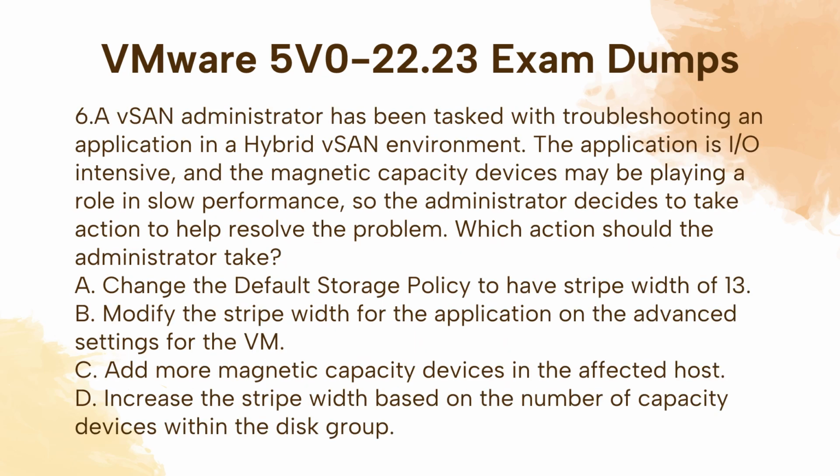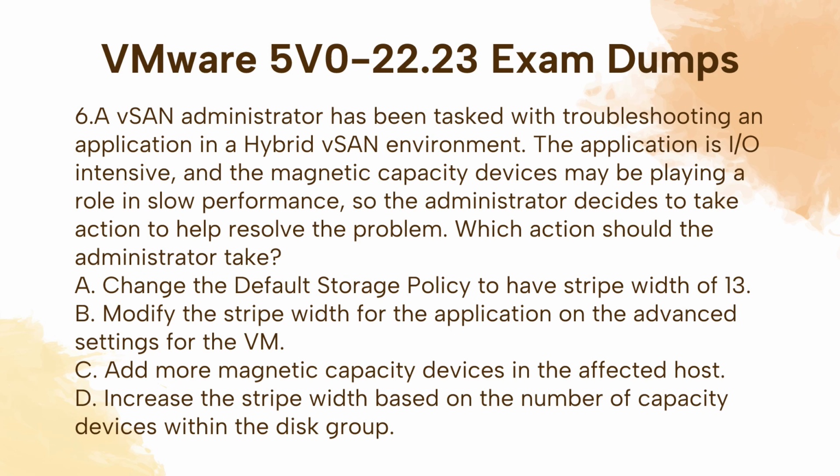6. A vSAN administrator has been tasked with troubleshooting an application in a hybrid vSAN environment. The application is I/O-intensive, and the magnetic capacity devices may be playing a role in slow performance, so the administrator decides to take action to help resolve the problem. Which action should the administrator take?